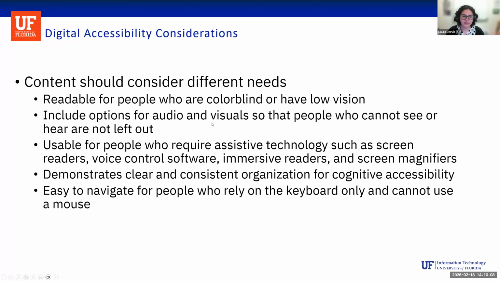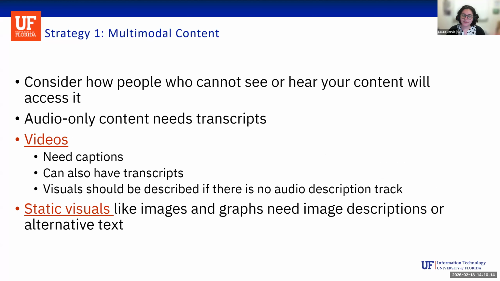So I have three strategies for how you can consider these various needs. Strategy one is to focus on multimodal content. As you're developing things, think about how someone who can't see or hear the content would access it. So, for example, if you have a podcast that you want students to listen to, that's audio only content.